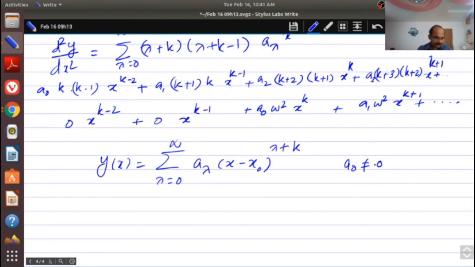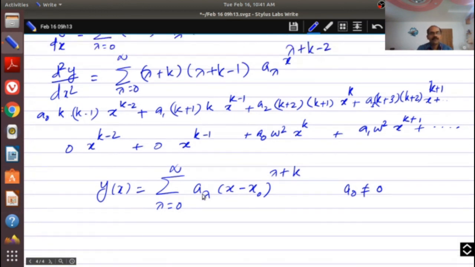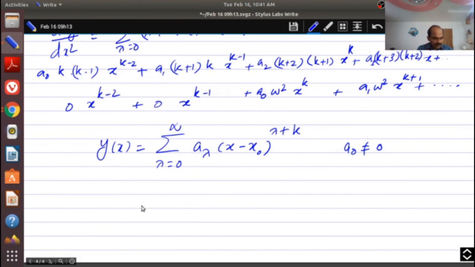That's fine. So we will look into more details. So you can expand with respect to a point other than x equal to 0. Okay, that's fine. So we will stop here.